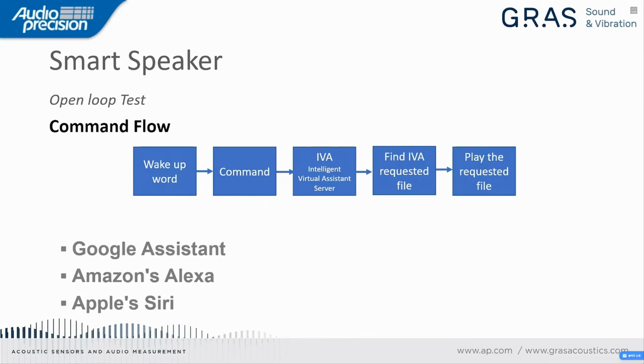Then in the IVA, Intelligent Virtual Assistant server, it will find test file number 1, and then it will be played.